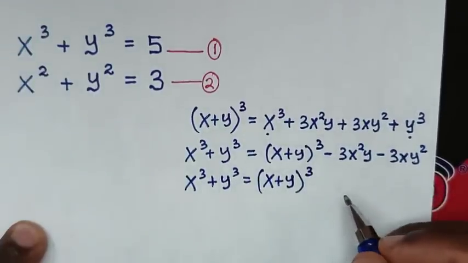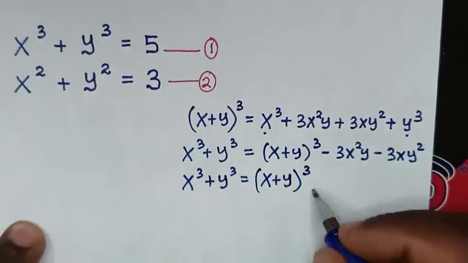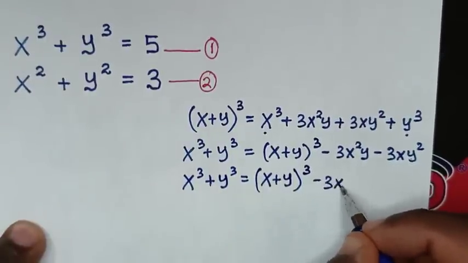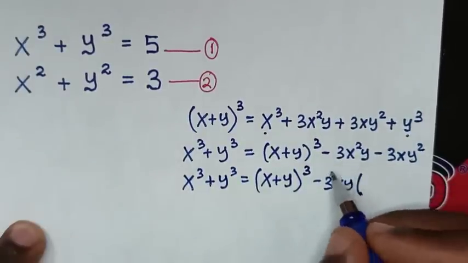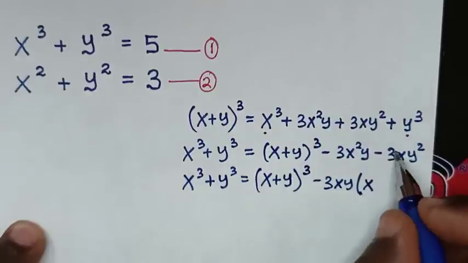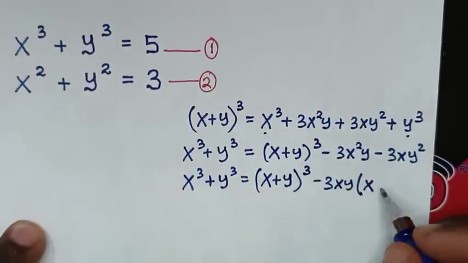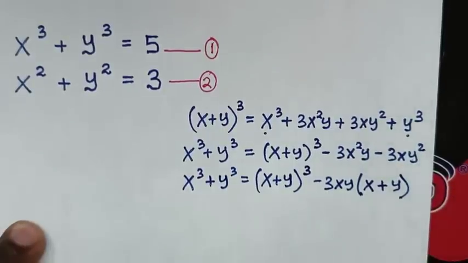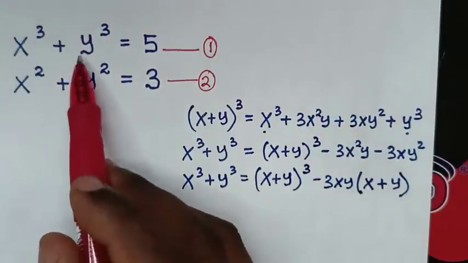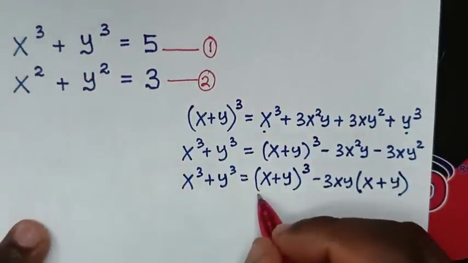minus 3x^2y minus 3xy^2. Here, negative 3xy is common, so we take it out of the bracket. This divided by this is x, and this divided by this is y, so it will be (x + y). So in x^3 + y^3, we'll substitute this.